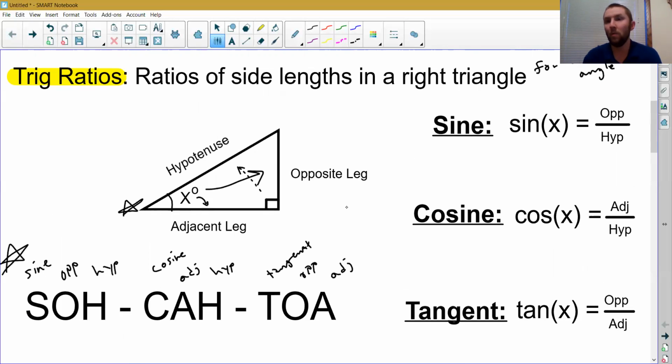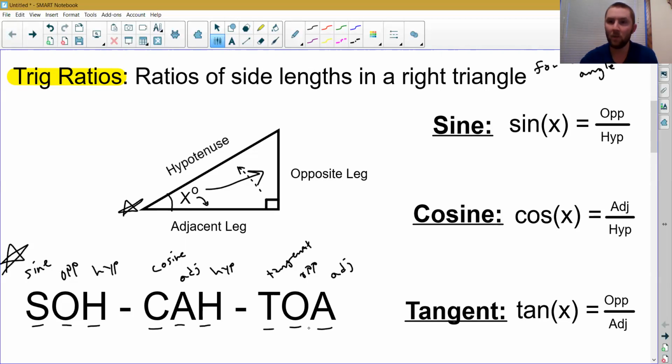Another way, if you prefer more of a joke method, more of a humorous remembrance, besides soaking a toe in the hot tub, each of these letters can stand for a word in a little story, okay? So we can also say, some old hippie caught another hippie tripping on acid.